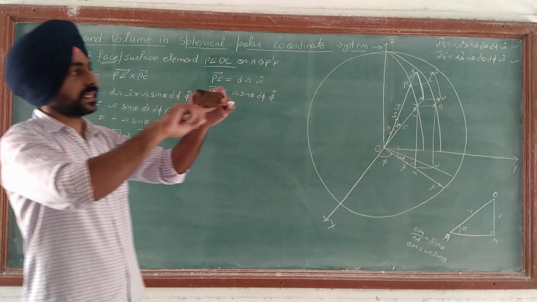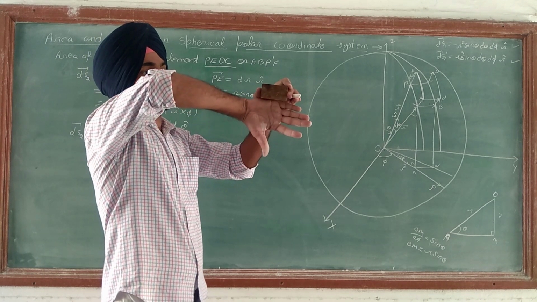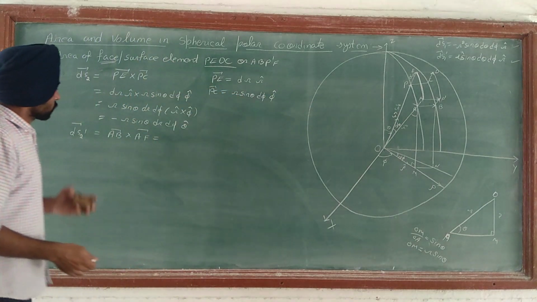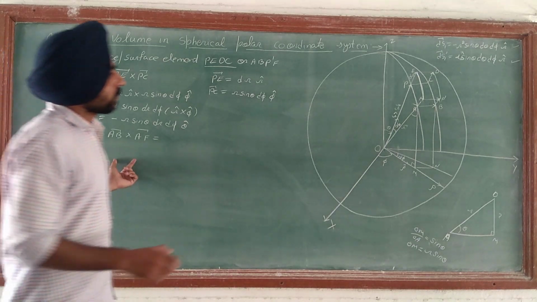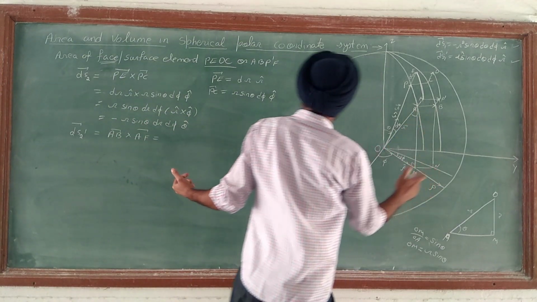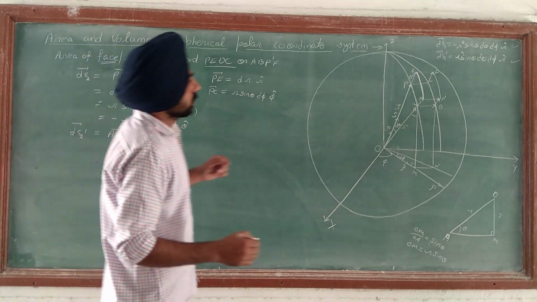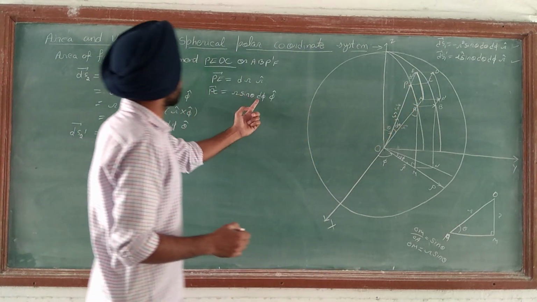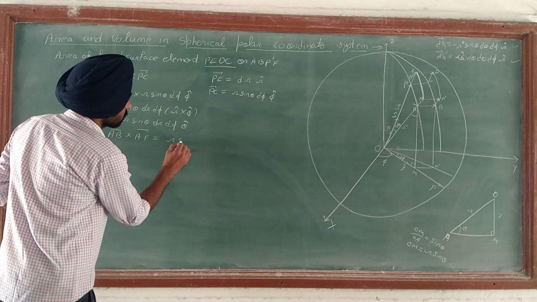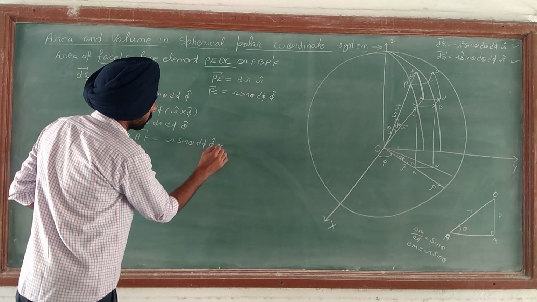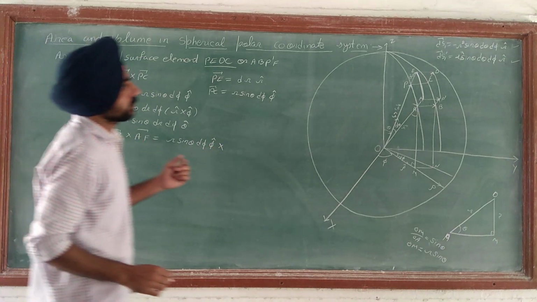Okay, AB cross AF. So direction of finger should be along AF. So this AB is this MN. This MN we already know is equal to this PC. This is R sin theta d phi cap cross this AF.